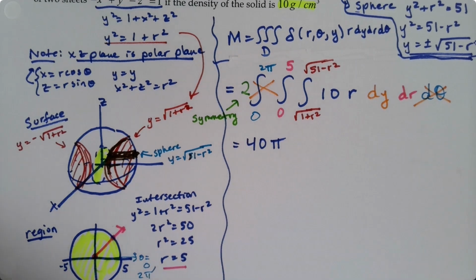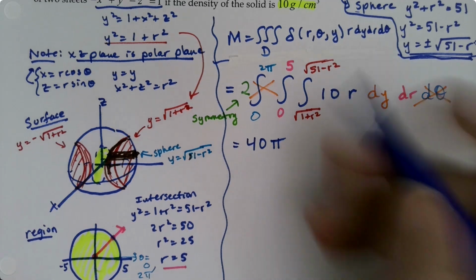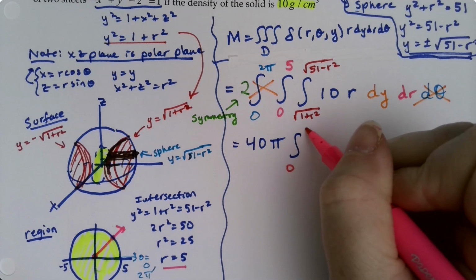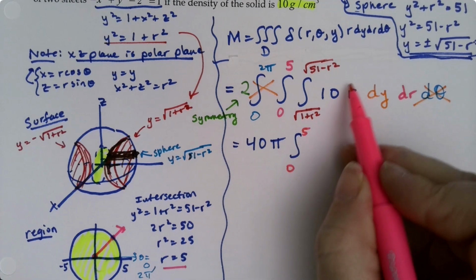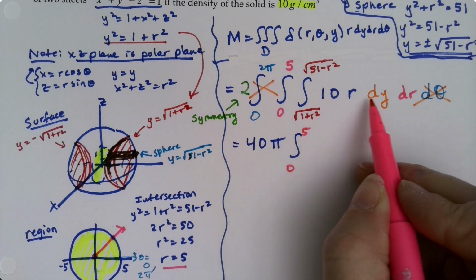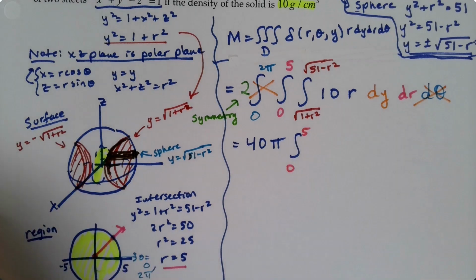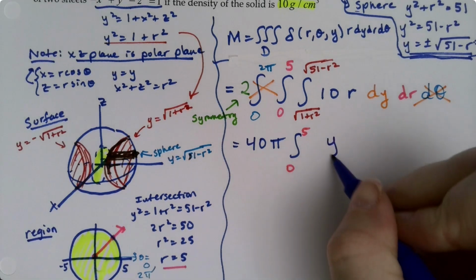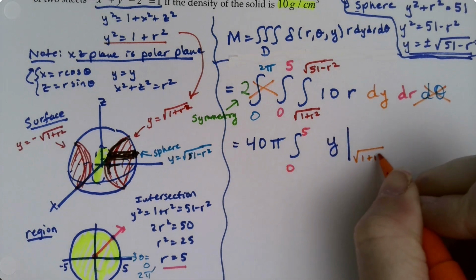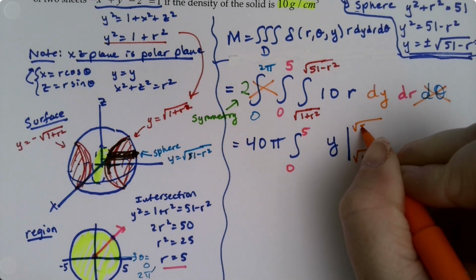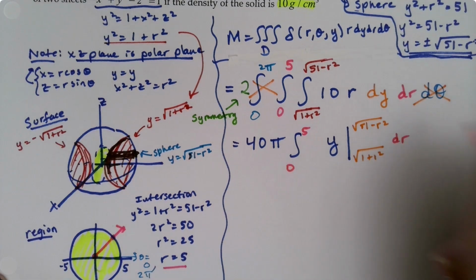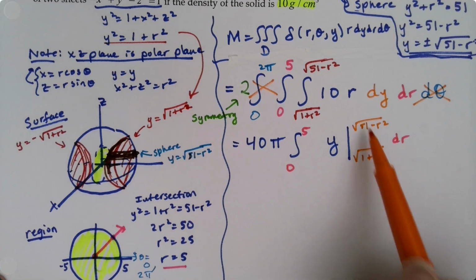Then I'm integrating from 0 to 5 for r, which I have not done, and I cannot do that trick because r is involved in here. So 0 to 5. And then I'm going to integrate this, just the r, because I already took care of the 10. Just the r with respect to y would be y, right? So we're going to take y from the square root of 1 plus r squared to the square root of 51 minus r squared, dr. And that, of course, just becomes this one minus that one.